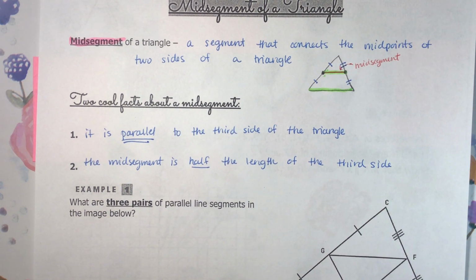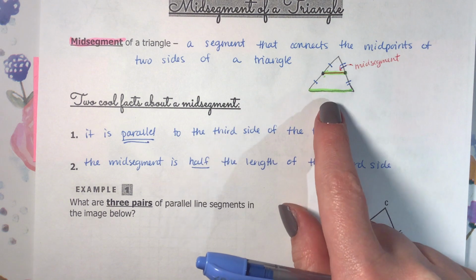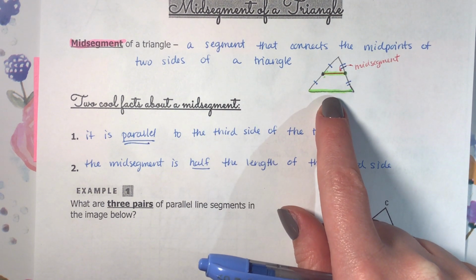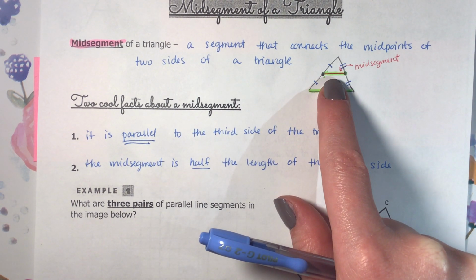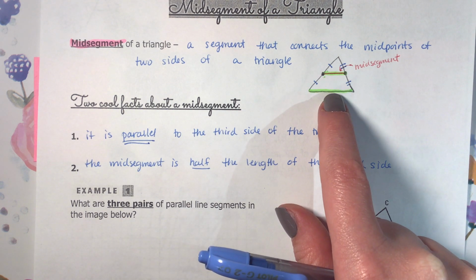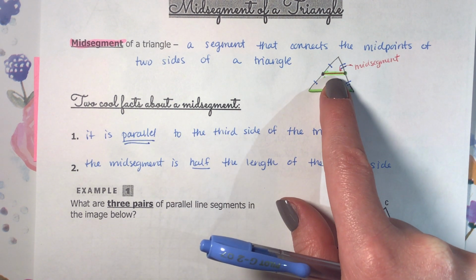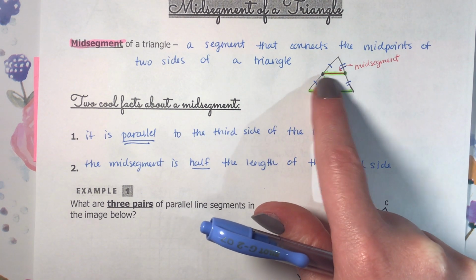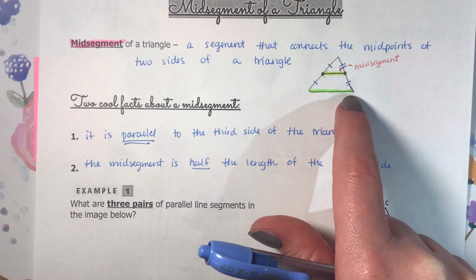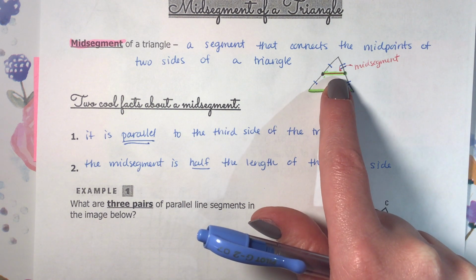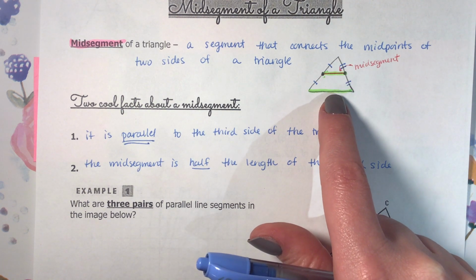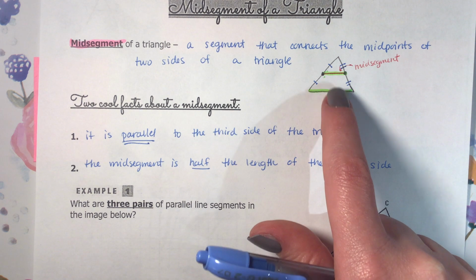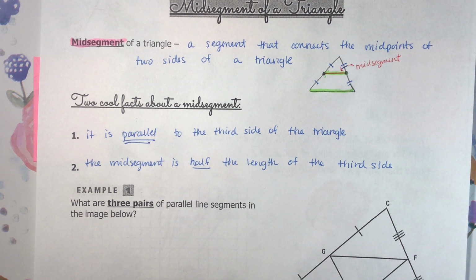So if we were to reference our image up here once again, if this bottom longer part were 10, then the top part would be 5. If this bottom part were 24, this one would be 12. You can also do it in reverse. So if this top one were 15, then the bottom one would be 30. So the midsegment is half of the lower one, or the lower one is double the midsegment.